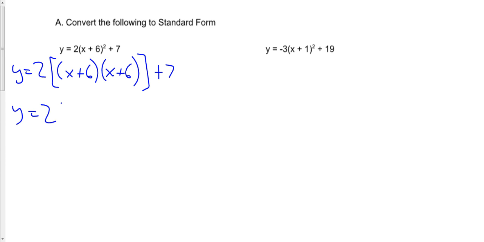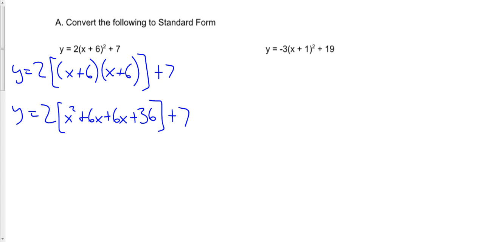Again, x times x gives me x squared. x times 6 is positive 6x. Positive 6 times x is also 6x. And 6 times 6 is positive 36.